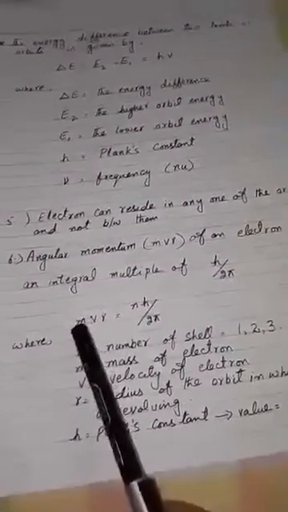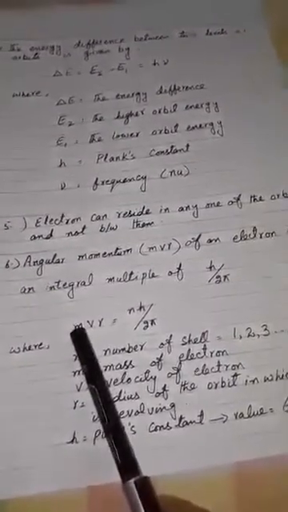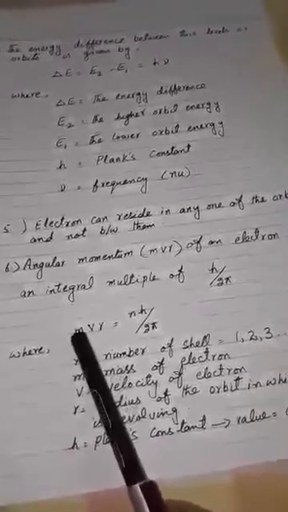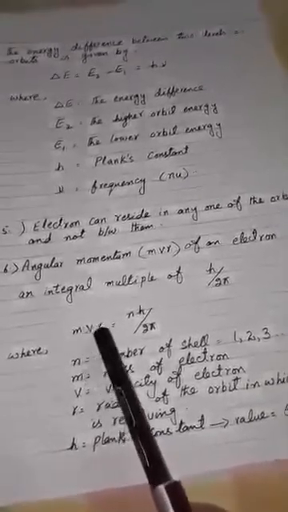So let's come to this equation. Angular momentum is represented by mvr, product of mass, velocity and radius.